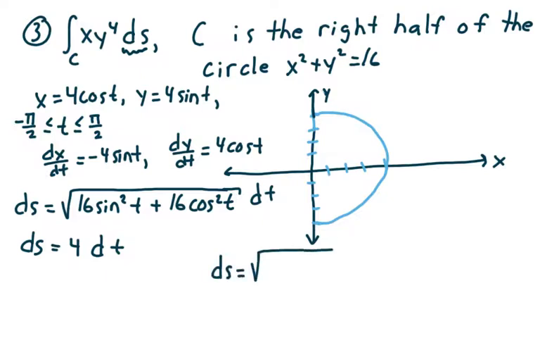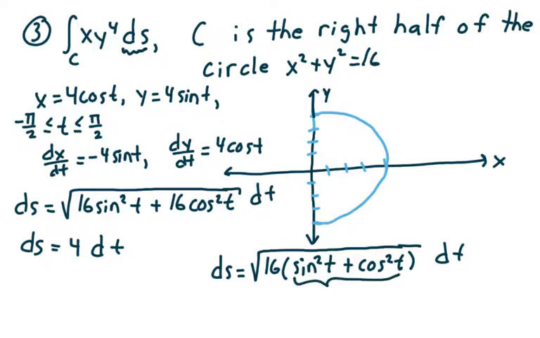So ds is the square root of 16 times sine squared t plus cosine squared t dt. But remember that sine squared t plus cosine squared t is 1. And the square root of 16 is equal to 4. And so that's where I'm getting ds is 4 dt.